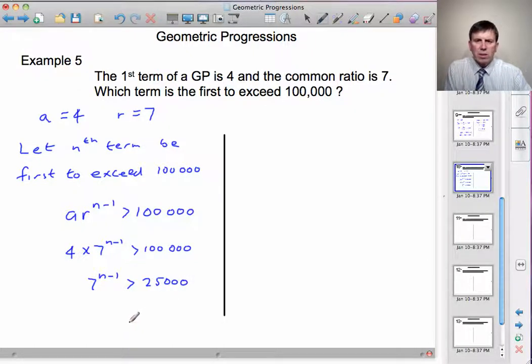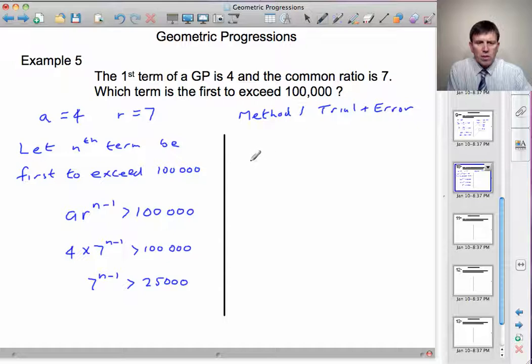Now at this point I'm going to offer you two methods. First of all, we can use trial and error, and secondly we can use logarithms. So let's start with the trial and error method. So method 1, trial and error.